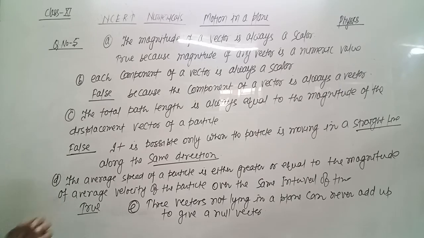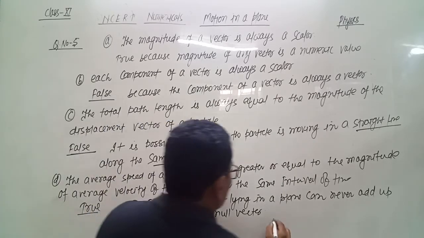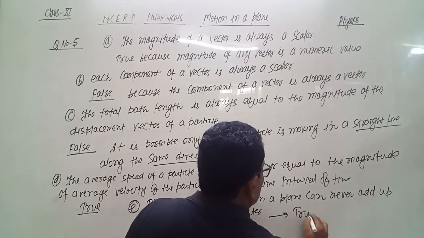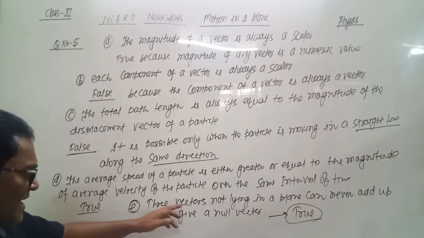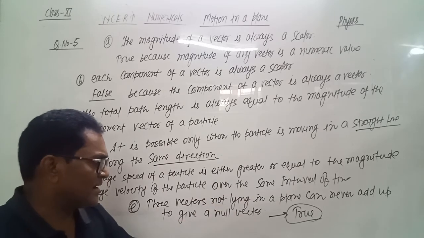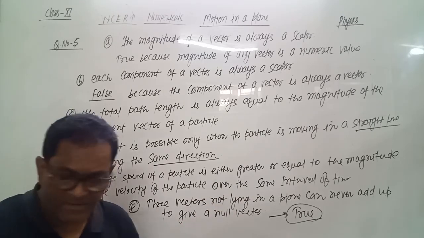So if three vectors are not lying in a plane, they can never add up to give a null vector. This statement is true. Three vectors lying in a plane can be added up to give a null vector.